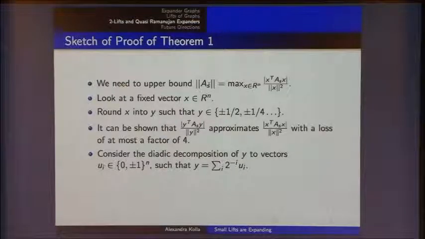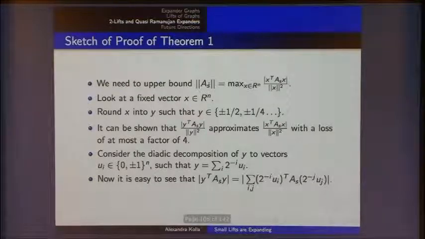Then we consider the dyadic decomposition of y into vectors. That means that u_i is the 0, 1, minus 1 vector that had the 1 over 2 to the i coordinate. And we easily write y in this form. And you can see that this sum is just the sum over all i, j of the corresponding terms.